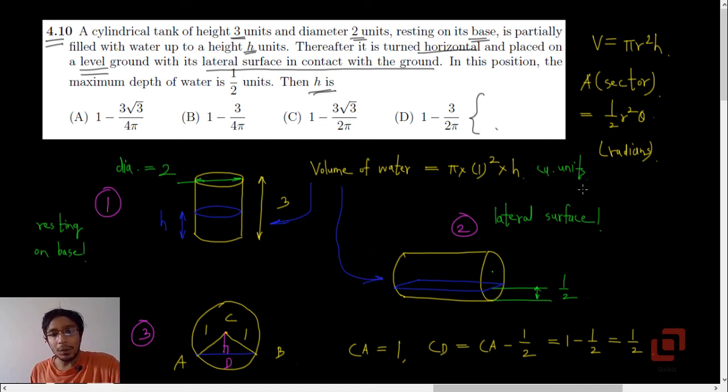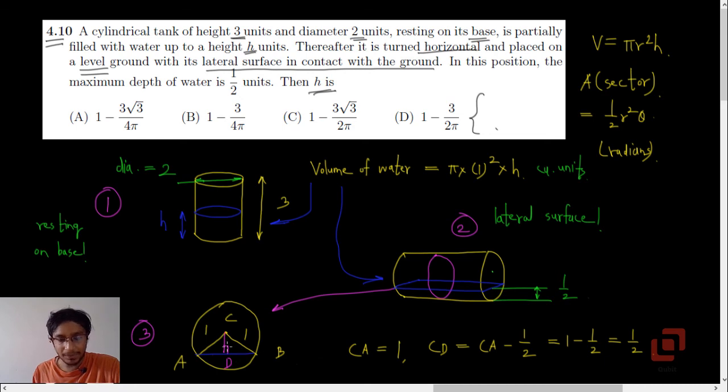Okay, now in the figure 3, what I have done is I have drawn the cross section of the cylinder lying on the ground with its lateral surface in contact. Okay, so I have just cut a section here and I have redrawn it there. Okay, a vertical section, and I have called the center of this circle as C, and the end points of its radii as A and B, where the water actually meets the circle.